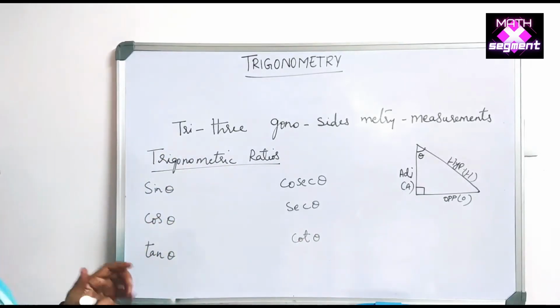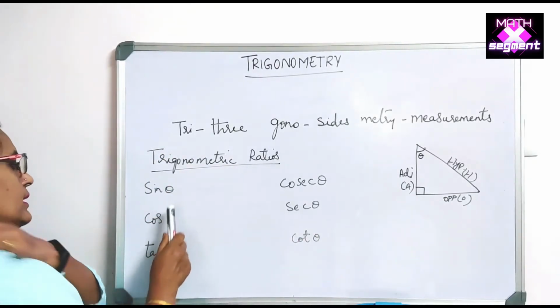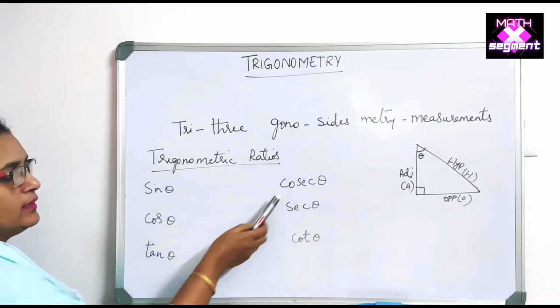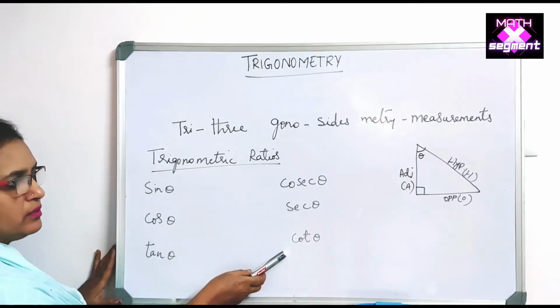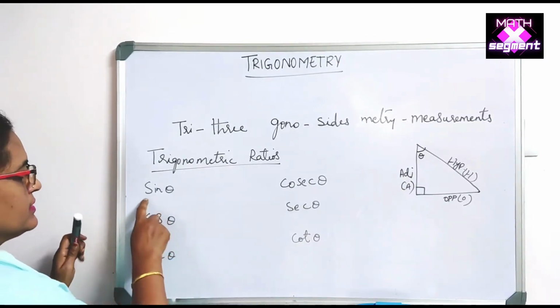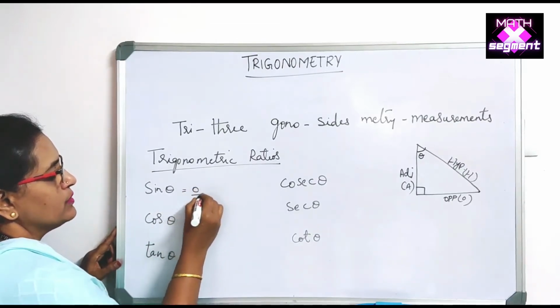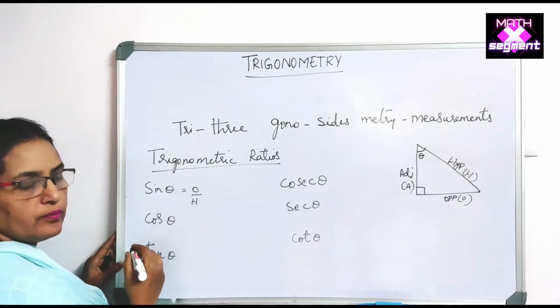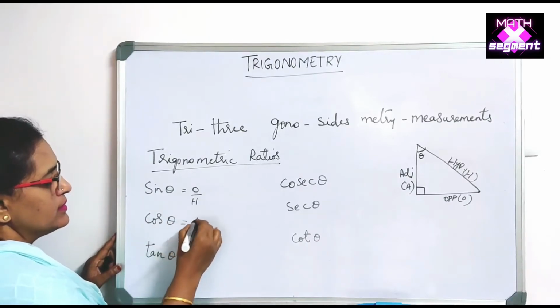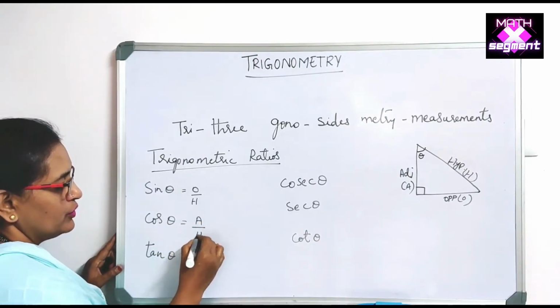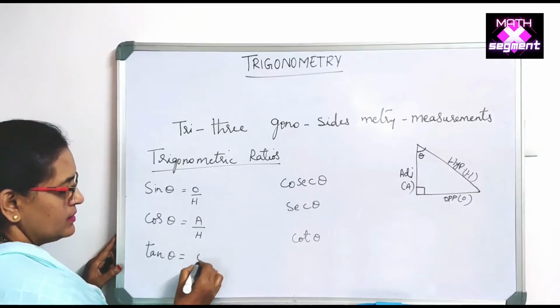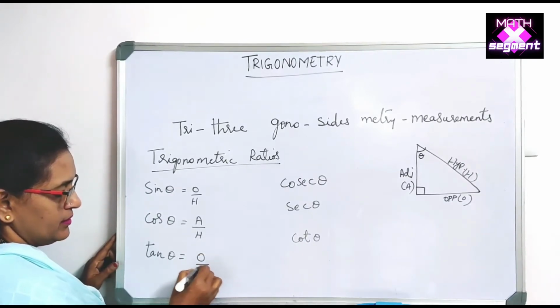Now let us understand what is sine theta, what is cos theta, what is tan theta and these terms. First, sine theta is always opposite by hypotenuse, and cos theta is adjacent by hypotenuse. Tan theta is opposite by adjacent.